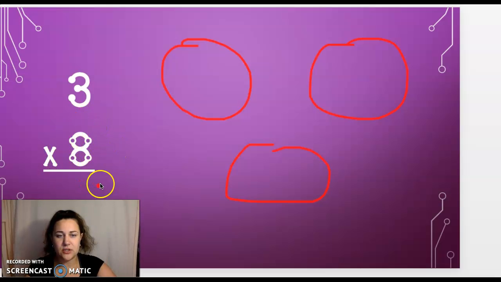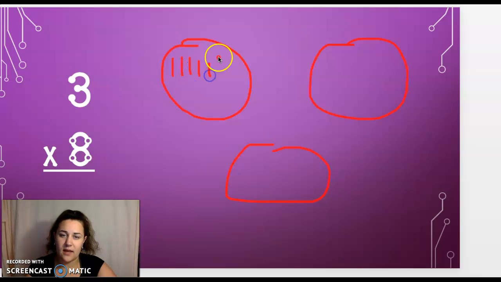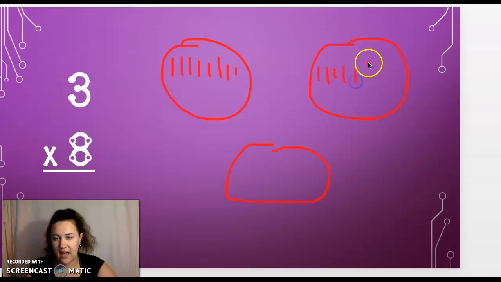So how many do I need to put in each group? 8. Awesome job. 1, 2, 3, 4, 5, 6, 7, 8. There we go. I have 3 groups with 8 in each group.